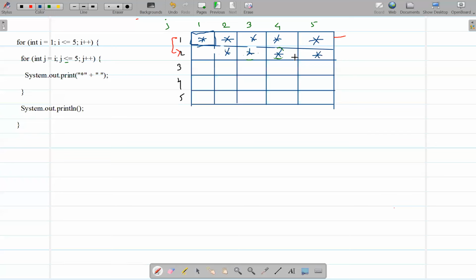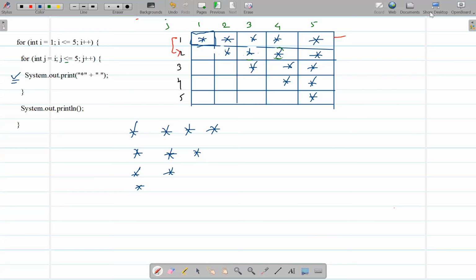Yes or no? If you do the dry run, you will get the output in this way. But this was not expected. On Replit, you are getting some other pattern, but using the trial, you are getting this pattern. Why? Because you are not adding any condition for the spaces in the Replit code. Getting it? So take care of the spaces as well. That is the reason why we were getting this pattern, not this one. So to print this pattern, you need to change the inner for loop condition. Okay. We will see this one as well.